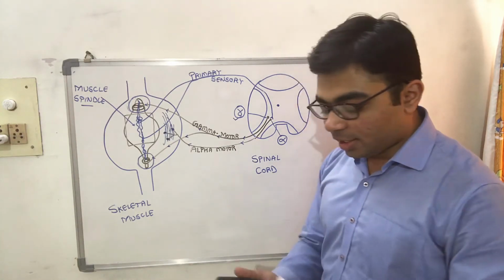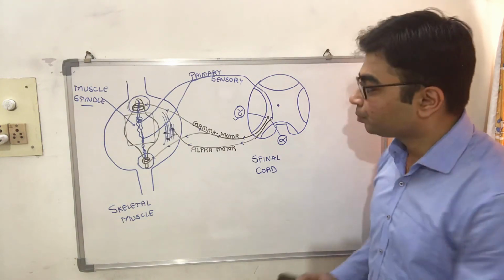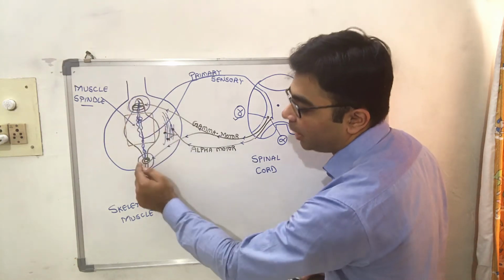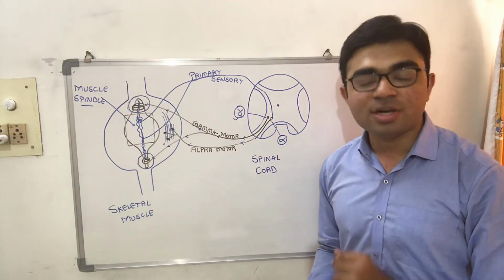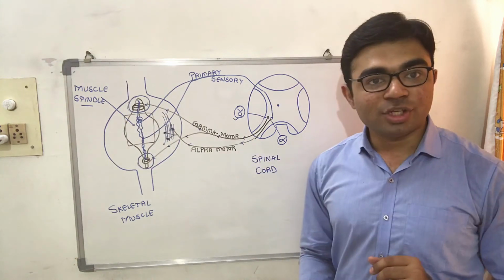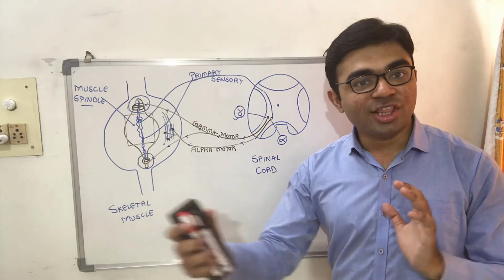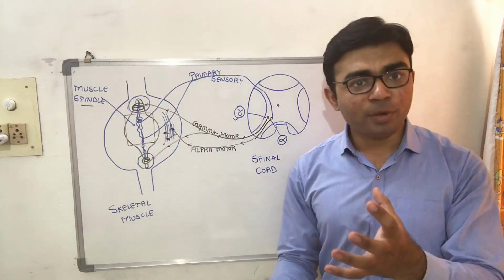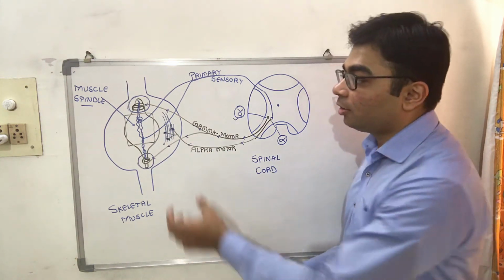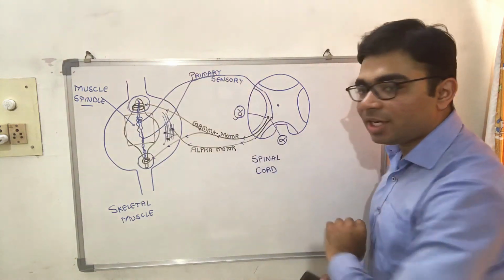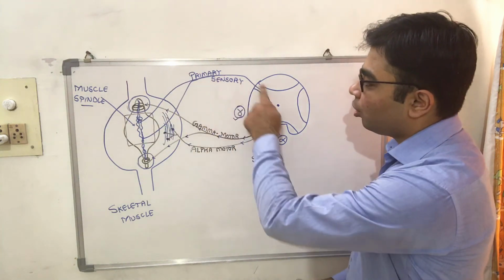So again, let us revise the whole procedure. The gamma motor neuron discharges the impulses, causes the contraction of the end portion of the intrafusal muscle fiber, which causes the alteration in the length of the intrafusal muscle fiber. This alteration in length is detected because the muscle spindle is a proprioceptor, a receptor organ, and it sends the impulses through the sensory pathway into the posterior horn of the spinal cord.